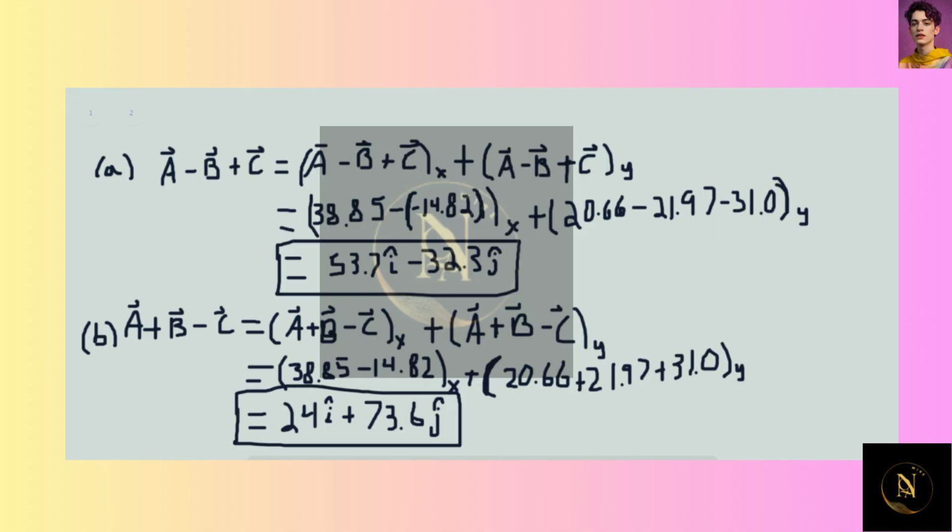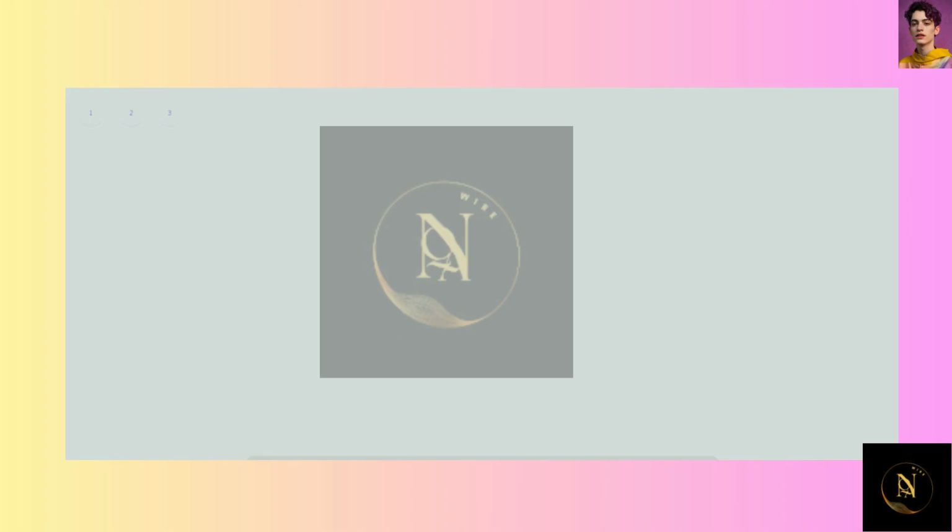And lastly, we need to do part C. So rewrite part C, where part C was C minus A minus B. These are all vectors.